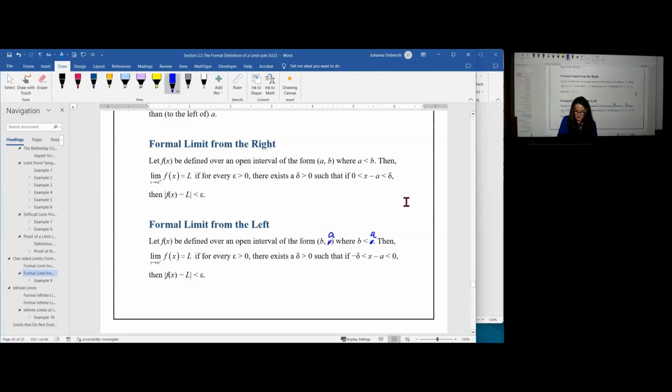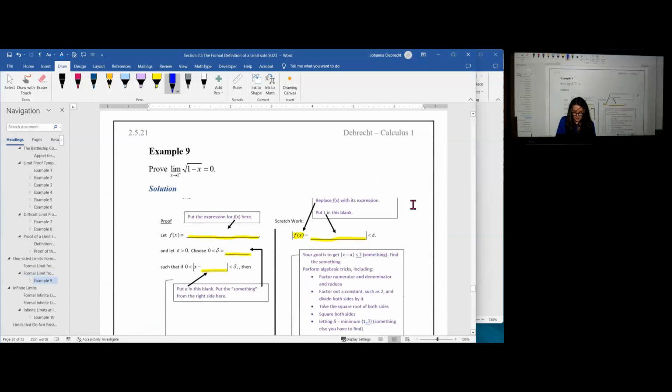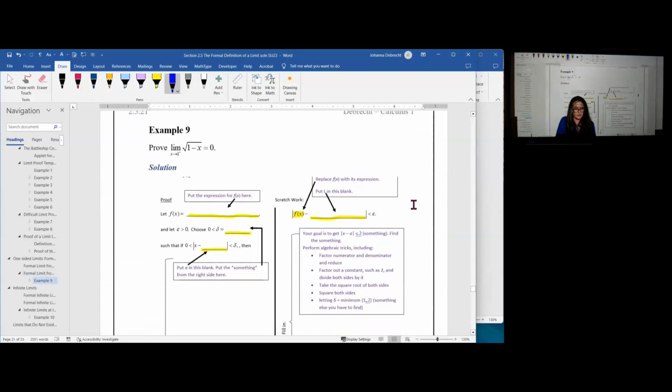Let's look at one example of a limit from one side only. We're going to be looking at the one which has the square root of 1 minus x. We know square roots are not defined when the radicand, the part under the radical, is negative. In this case, we have 1 minus x. Now, 1 minus x has been reflected and it's been shifted as well.